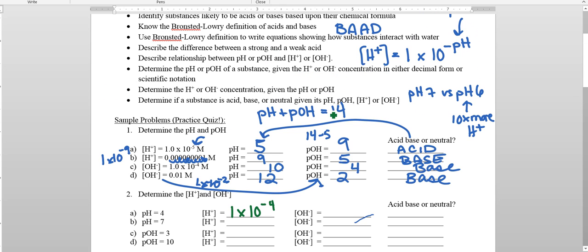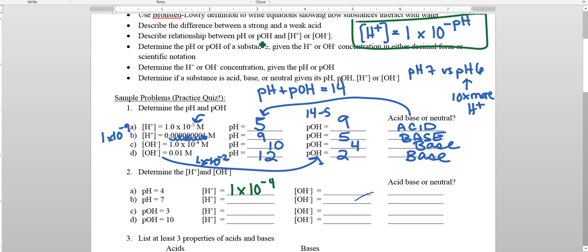Again, I'm using this equation right here. Okay. I also know that pH plus pOH is 14. So if my pH is 4, my pOH must be 10. And this is going to be 1 times 10 to the negative 10.